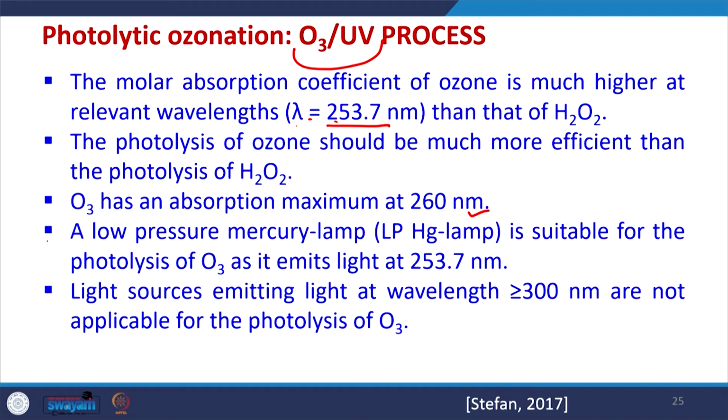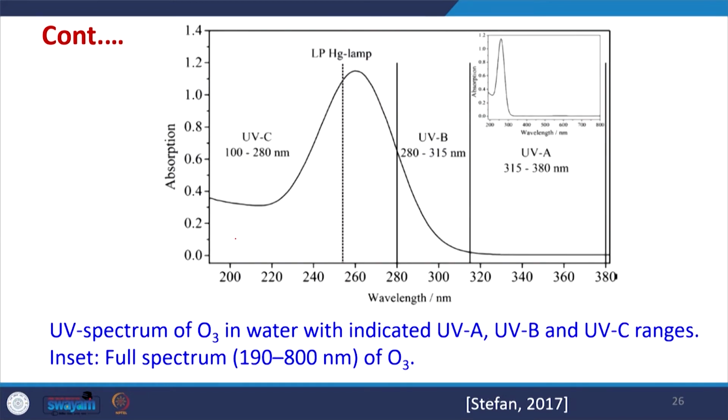A low pressure mercury lamp is suitable for photolysis of O3, as it emits this 253.7 nanometer UV light. Light sources emitting light at wavelengths greater than 300 nanometers are not applicable for this ozone UV process, so we have to use a low pressure mercury lamp.